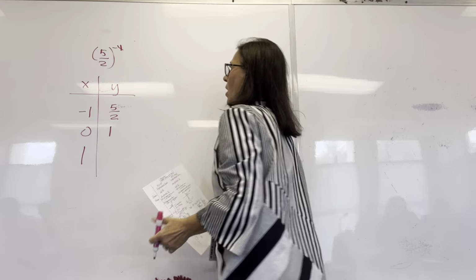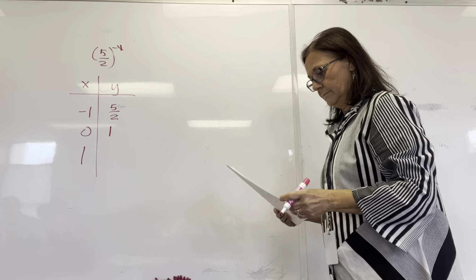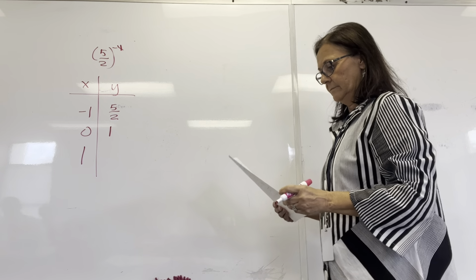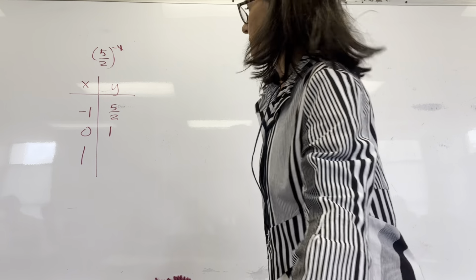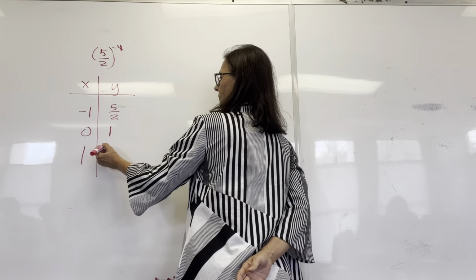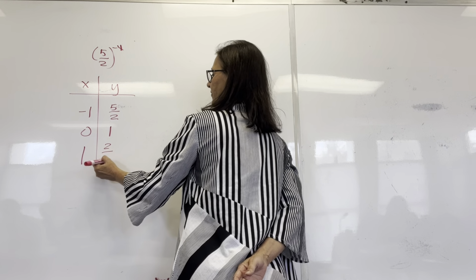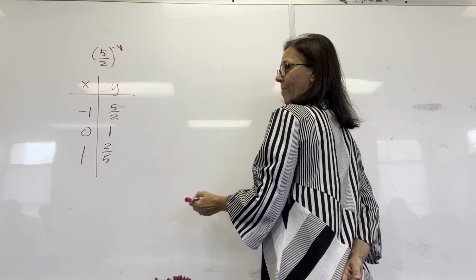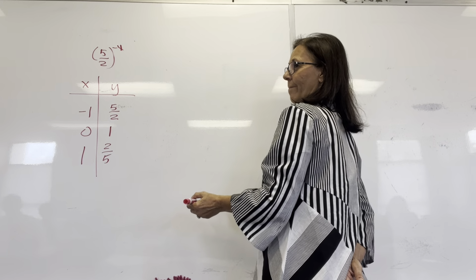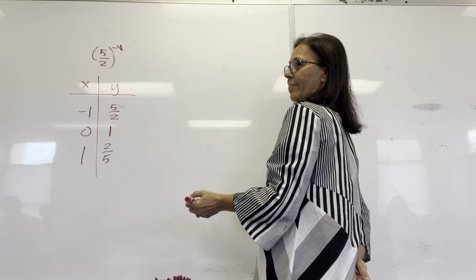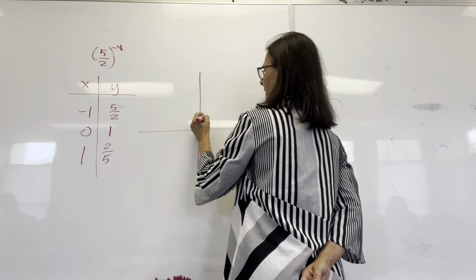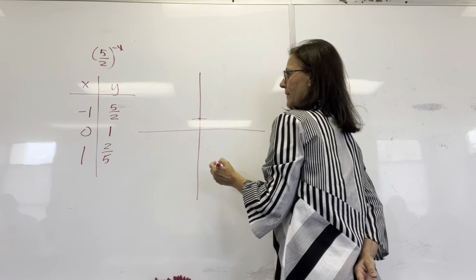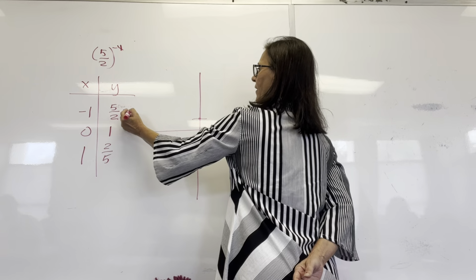When x is 1, we need 1 over 5 halves, which is 2/5. So that's 1, and this is 2.5.